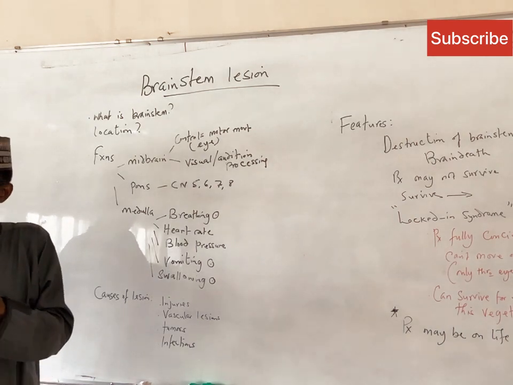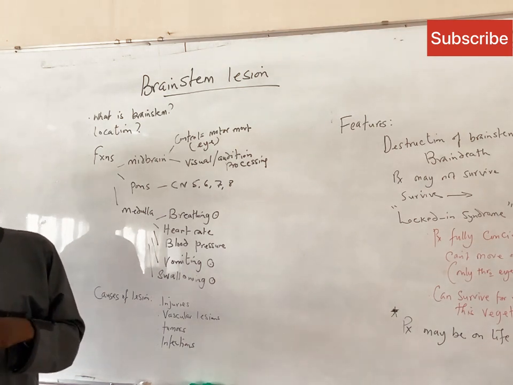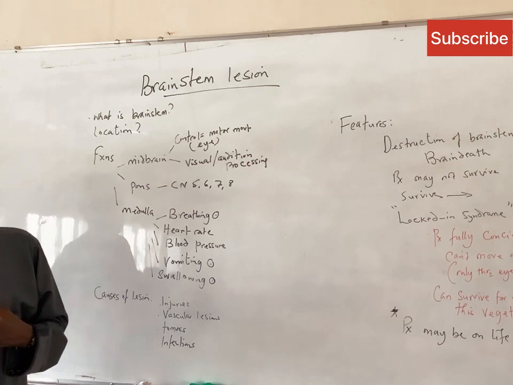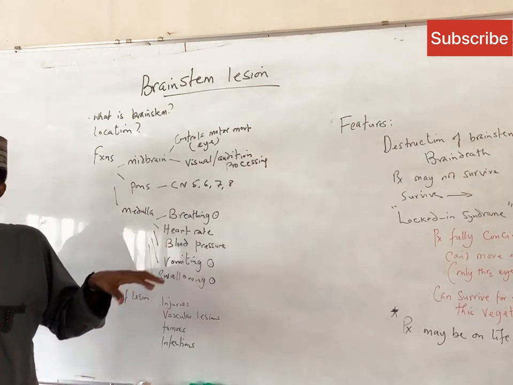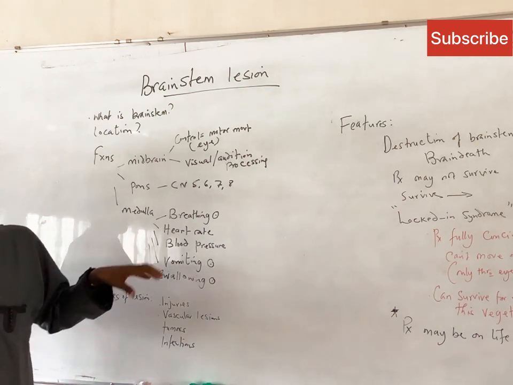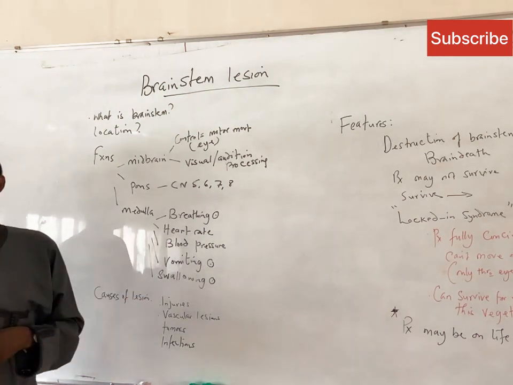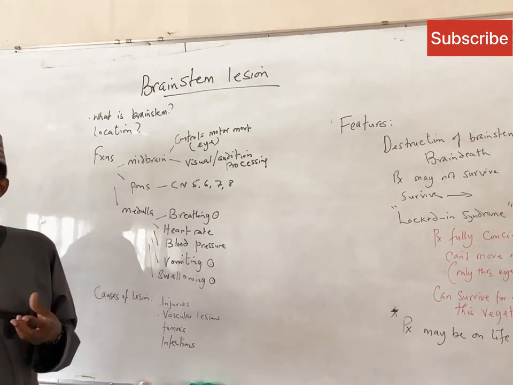There we have baroreceptors that sense the rise in the blood pressure in the blood vessels. So the regulation of these baroreceptors, the blood pressure in our own vessels, is being regulated by the medulla oblongata. Similarly, the vomiting. When you are sick, you tend to vomit.